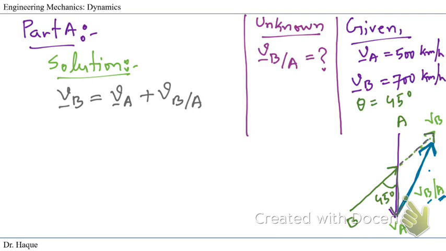So VB equals VA plus VBA. Now we look at the coordinate system. It will be easier if we assume this is our x-axis and this is our y-axis, right? So now we have to take components to plug in these values.